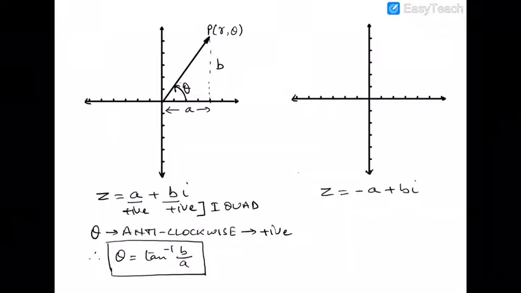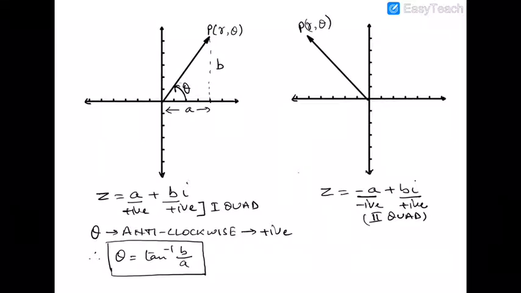Now for z = minus a plus bi, here minus a is negative and b is positive, so it will fall in the second quadrant. So P(r, theta) will be in the second quadrant.